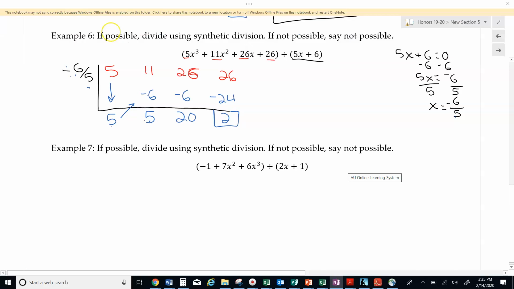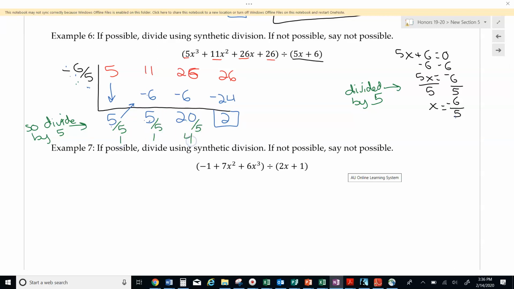Since we divided by 5, we're going to divide by 5 here. It's a weird rule where, because we do this, the 5 doesn't come out, so we still have to take it out. So I'm going to take all my numbers at the end and divide by 5. 1, 1, and 4.